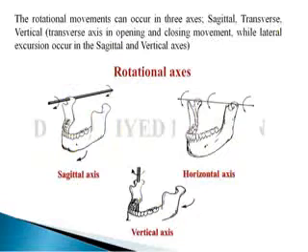Now we come to the mandibular movement and mandibular axis. The mandibular movement can be classified into two main types or groups: basic movements and functional movements. Basic movements include rotational movements and translatory or gliding movements. Why did we call these movements basic?